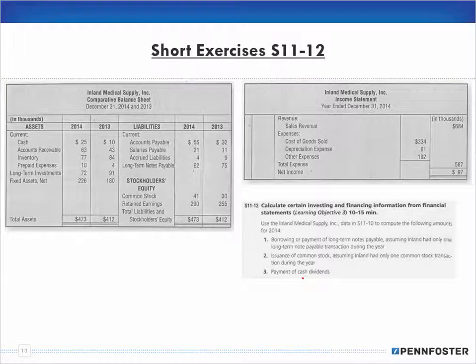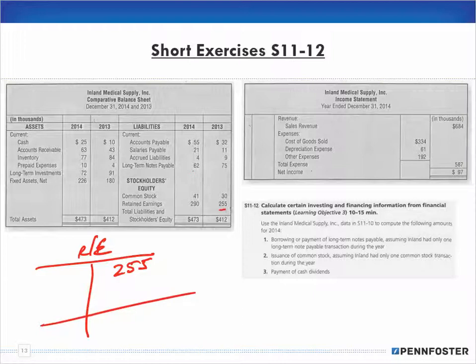And then number 3, the payment of a cash dividend. Now, if we're going to pay a cash dividend, where does that come from? Retained earnings. So I have a beginning balance of 255,000, and I end up with 290,000. Now, what affects retained earnings and what affects dividends?